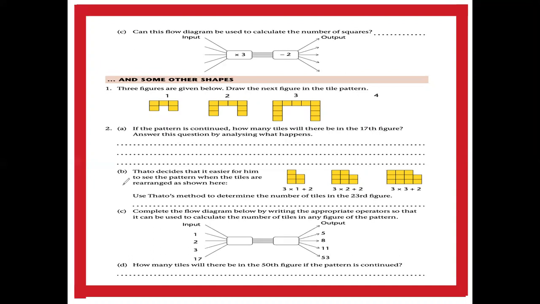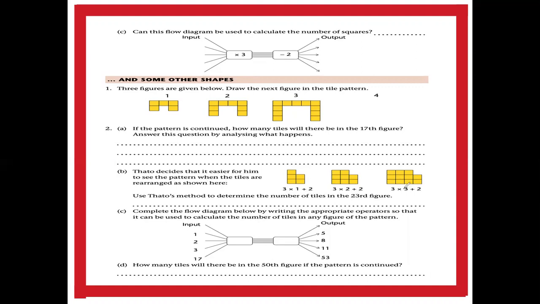Tato decides that it is easier for him to see the pattern when the tiles are rearranged, as shown here. Okay, so he rearranges the tiles to make it easier to see. Now I'll use Tato's method to determine the number of tiles in the 23rd figure. Okay, looks like there's also a calculation here.